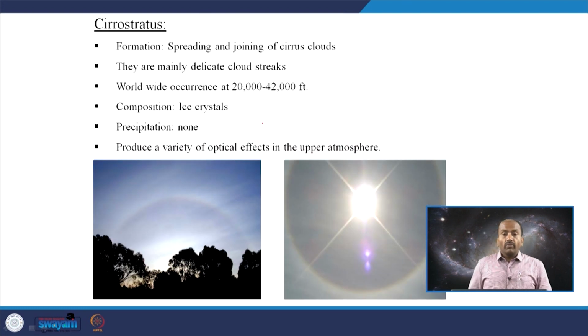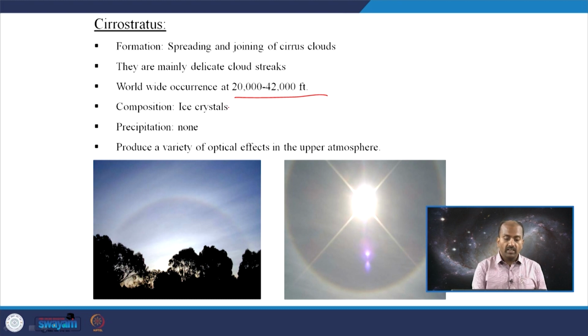Now, the other type of high-lying cloud is cirrostratus. They are formed by the spreading and joining of cirrus clouds. They are mainly delicate cloud streaks that you see during the formation of a halo. They are high level clouds, seen worldwide at very high altitudes, 20,000 to 42,000 feet.